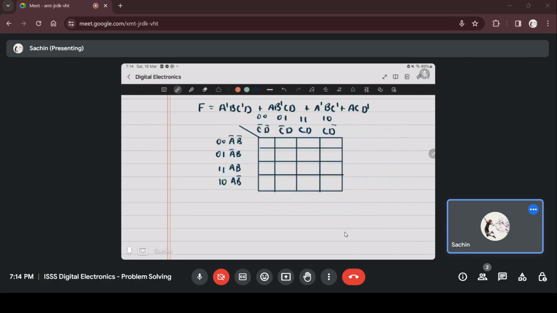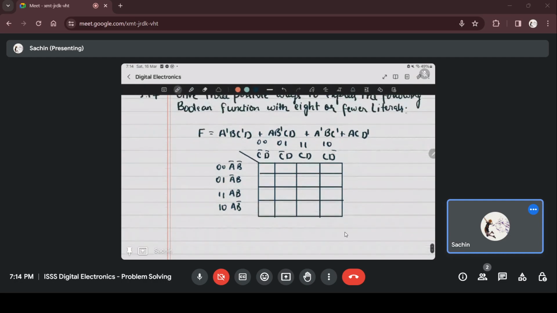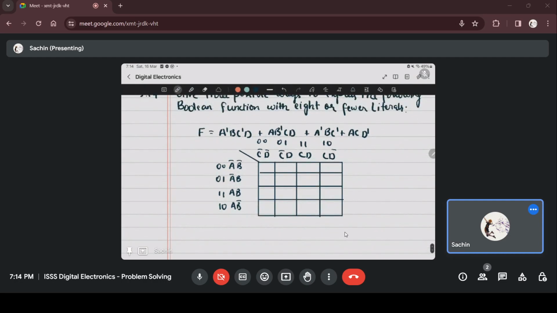We'll use the sum of product simplification and see if we can get it down to 8 literals. A prime b c prime d is that square, that cell.